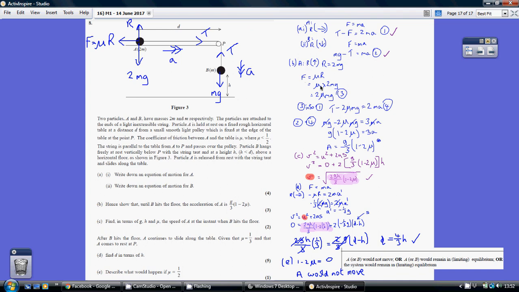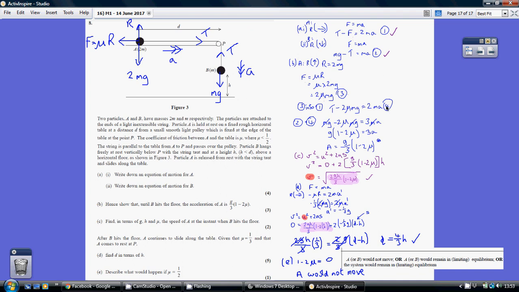So our friction is going to be mu times 2mg, so 2 mu mg, and I'm going to call this equation 3. Now I'm going to take this equation 3 and substitute it into my equation 1, replacing the friction with 2 mu mg, giving me this revised equation, which I'm calling equation 4.